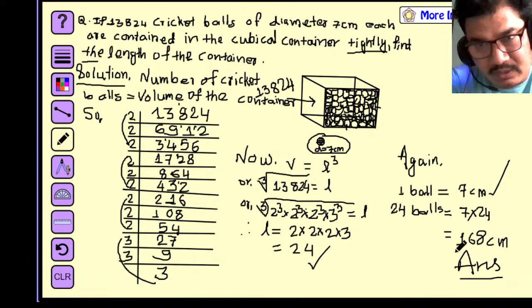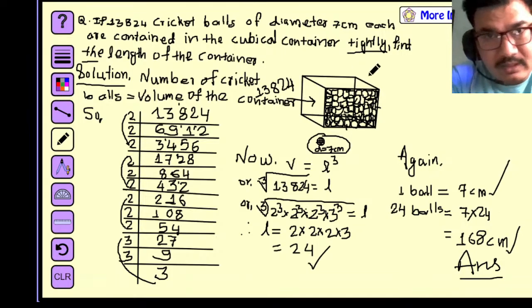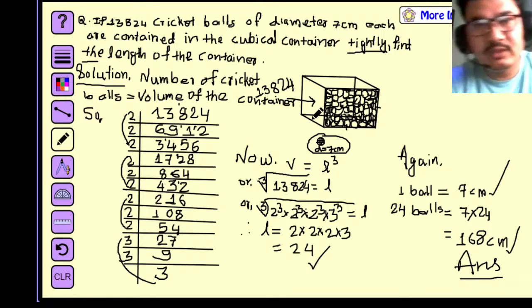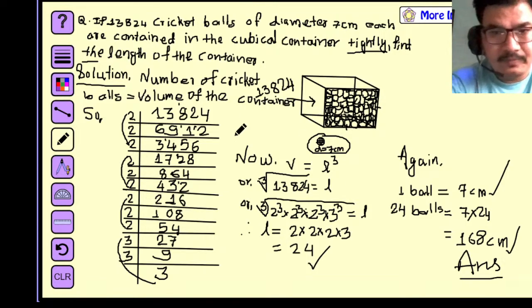When you multiply them, it will become 168 centimeter, the length of this cubical container. Like this we solve this question, so we are solving such types of questions by using the cube root.